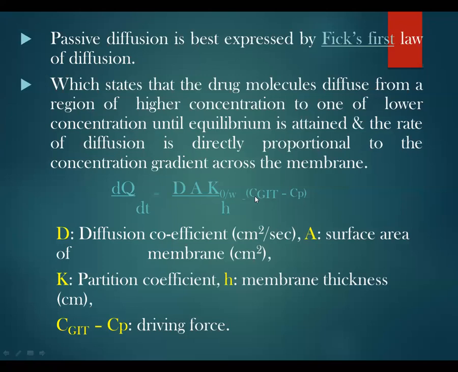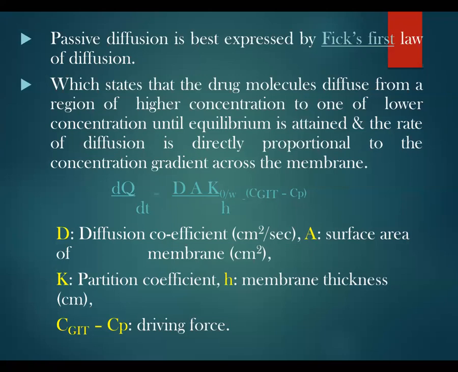The major parameter is the concentration gradient, and it is also directly proportional to the area, also directly proportional to the partition coefficient, and inversely proportional to the thickness, that is membrane thickness. Okay, so the passive diffusion of a drug molecule across the GI membrane is explained by a law called Fick's first law of diffusion.